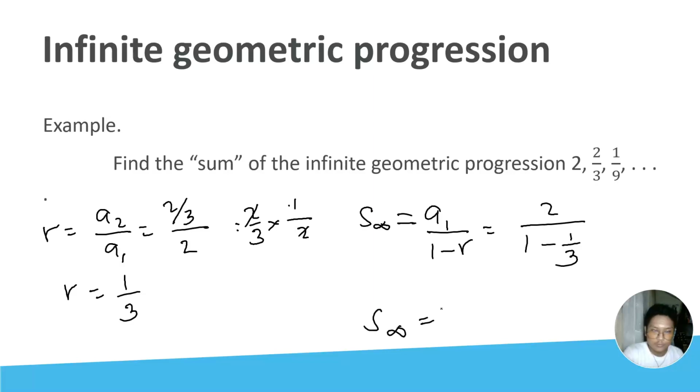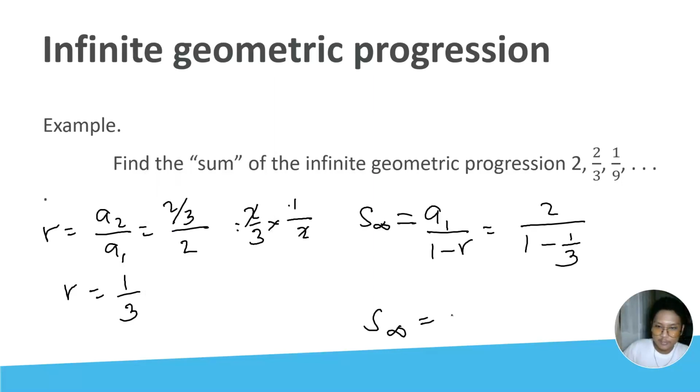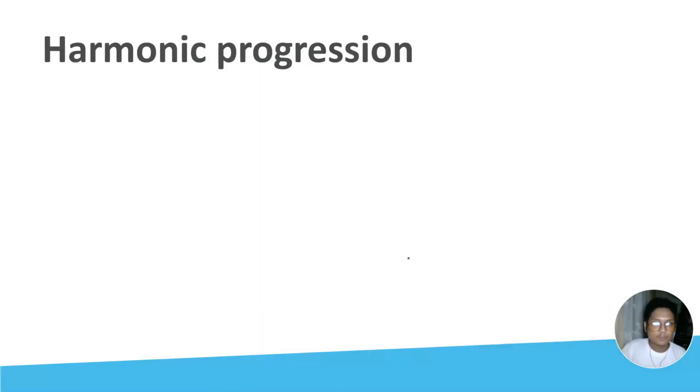Calculator na lang natin. 2 over 1 minus 1/3 is 3. So, yan na. Sum of all the terms is 3. So, hindi mo yan pwedeng imano-mano kasi infinite nga. Kailangan mo talagang gamitin yung formula. Okay?